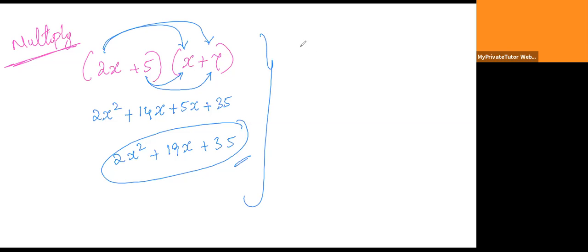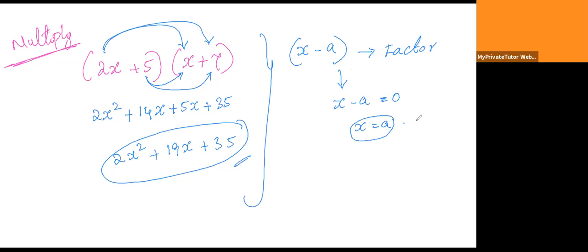Have a look at this. See, x minus a is what? This is how the factor looks. Always the factor is in the form of x minus a, or x minus 5, or something like this. So how do we find the 0 from the factor? We are going to equate it to 0. So x equals a is the 0, guys. The factor is x minus a, and x equals a is the 0.